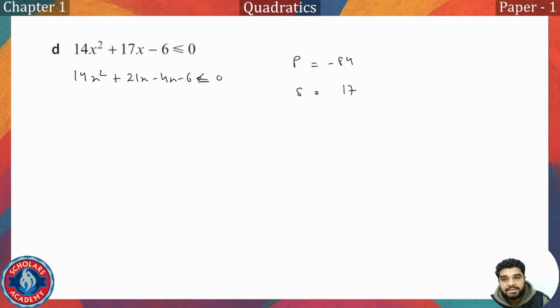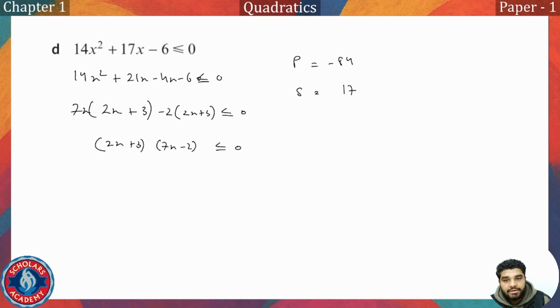So we factorize it. We can take 7x common over here and -2 common. So it is 7x(2x plus 3) minus 2(2x plus 3) is less than or equal to 0. So (2x plus 3)(7x minus 2) is less than or equal to 0.